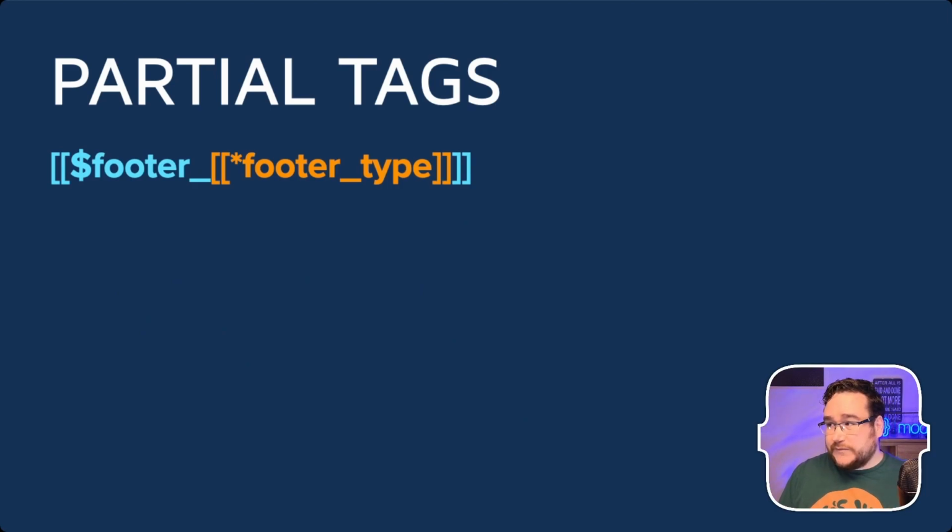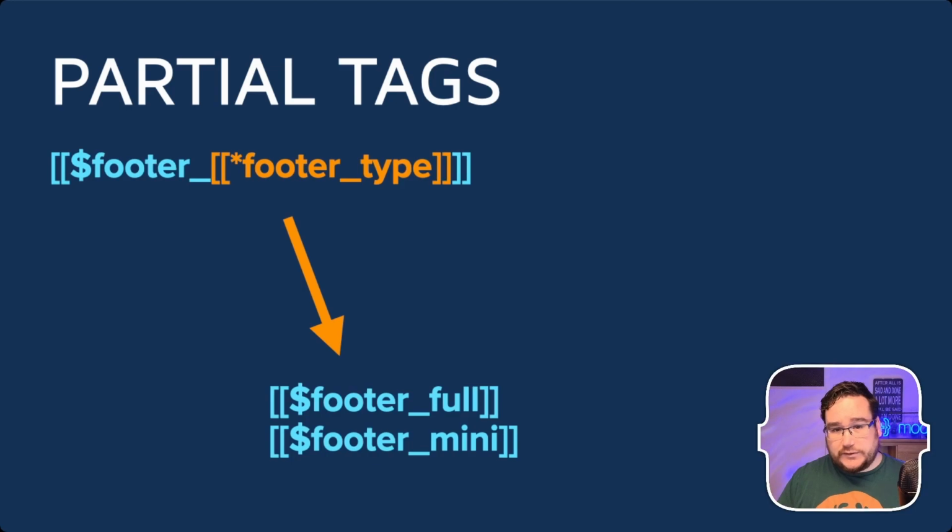If we have a footer chunk, which may have some different variations that you want to select on a per page level, you could use the template variable footer type and use that to generate a footer tag, which might, for example, be a full footer or a mini footer, depending on what you're trying to accomplish. In this case, we're using a template variable, but you can use any resource fields like resource alias, the parent, context, and so on to add a dynamic variation of your footer.